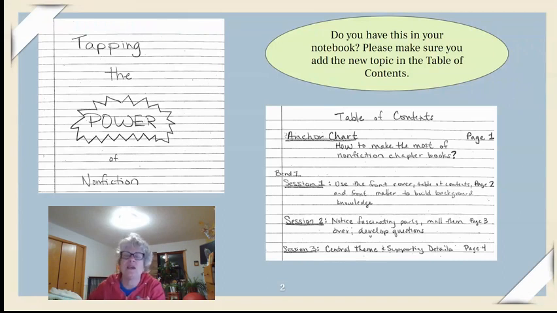Yesterday you read a nonfiction article, and one of the questions asked you to determine the central idea of the text. That's the work we're going to start doing with your books. You might not get the central idea of your whole book yet, but you'll start getting the central idea of sections you're in. So session 3 is central theme and supporting details.